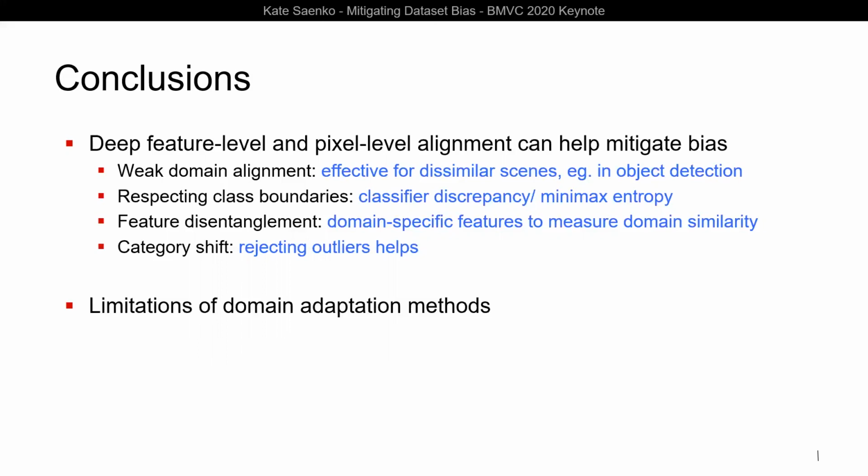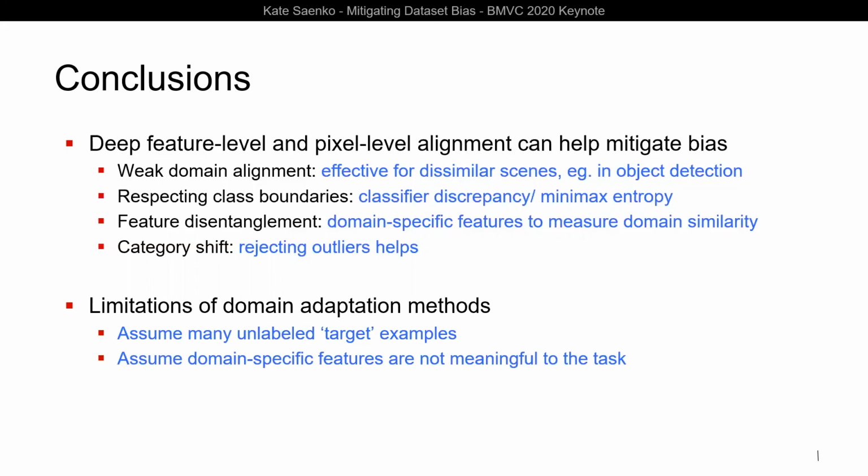What I didn't have time to talk about is other limitations of these methods, such as, for example, that they assume that we have a lot of unlabeled data in the target, which may not always be the case. And another thing they assume is that domain-specific features are not meaningful for the task, which also might not be true depending on the application.